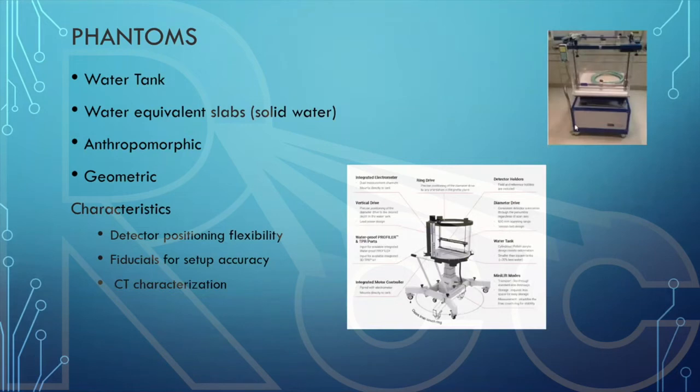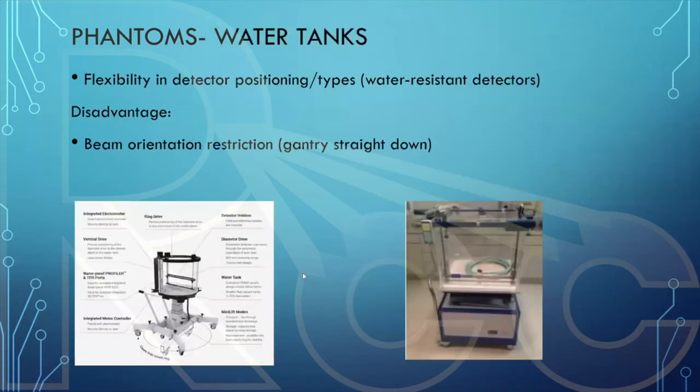Here I have examples of two water tanks that we have in my institution. We have a round water tank and we have a square water tank. Now the water tanks give you nice flexibility in detector positioning, with different types of detectors.